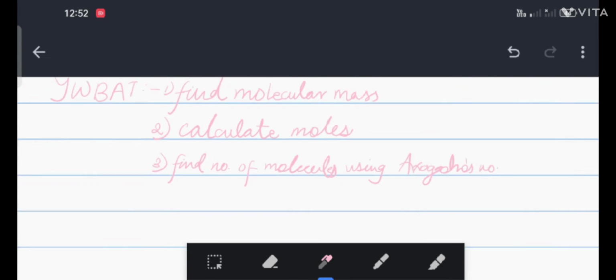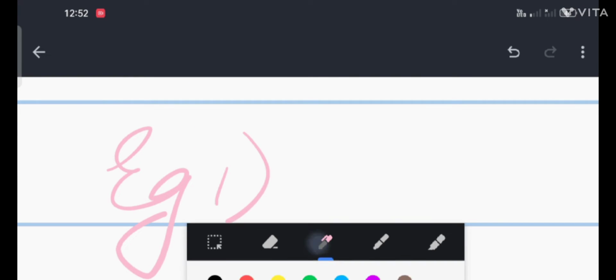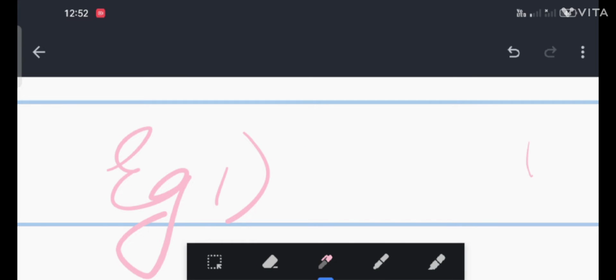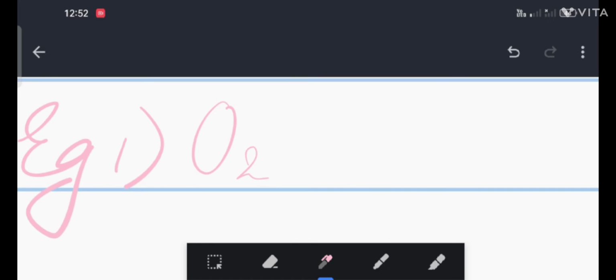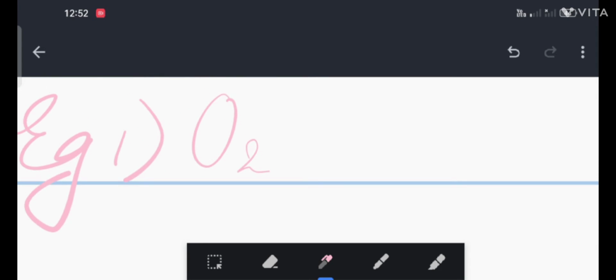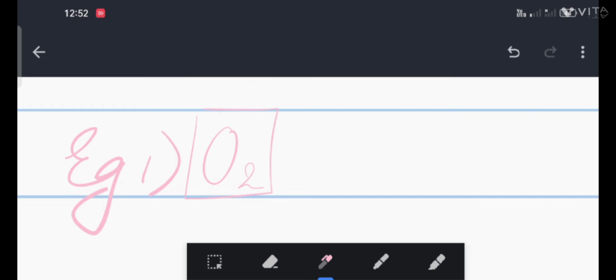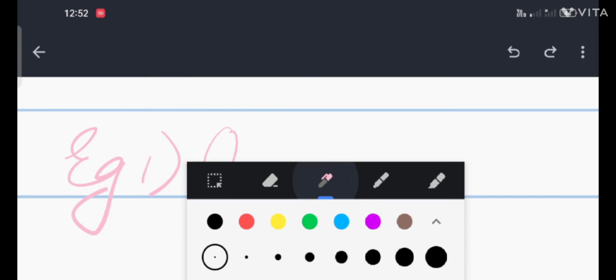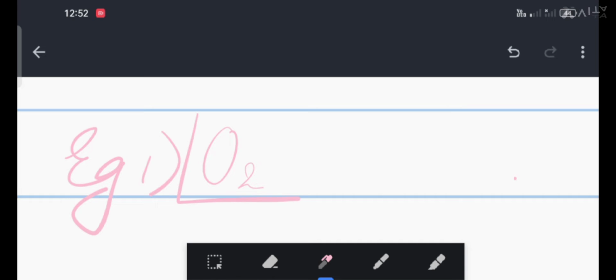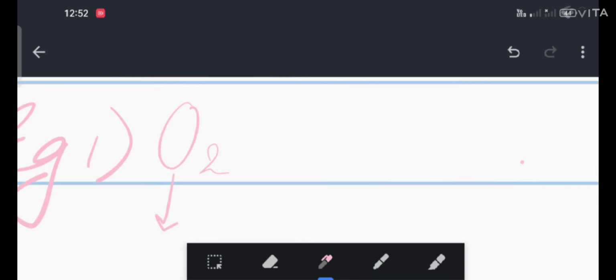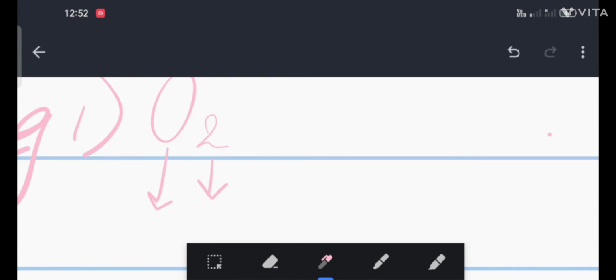So first let's have a look at some molecules. This is example 1. Now in this example there are 2 components, right? The first is this letter and the second is this number.